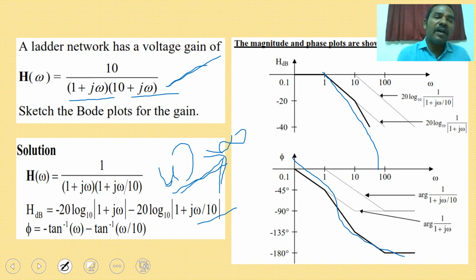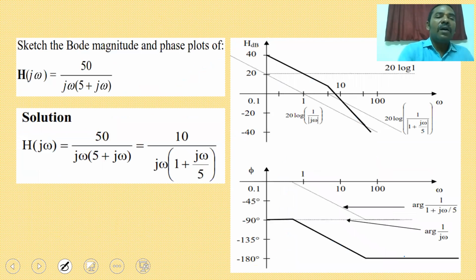So similarly, another example. H of j omega is given as 50 divided by j omega into (5 plus j omega). So finally, I am multiplying and dividing by 5, taking common: 10 divided by j omega into (1 plus j omega by 5).